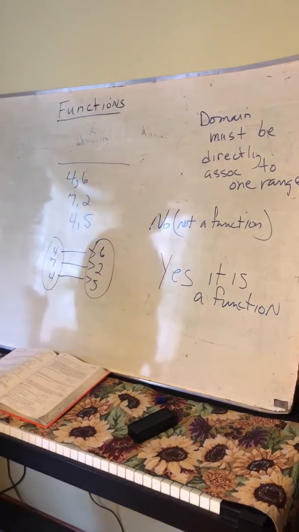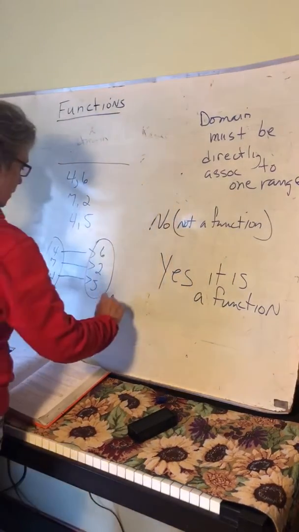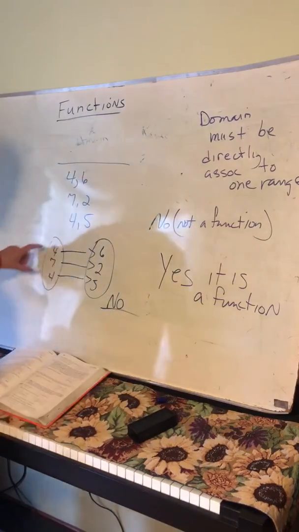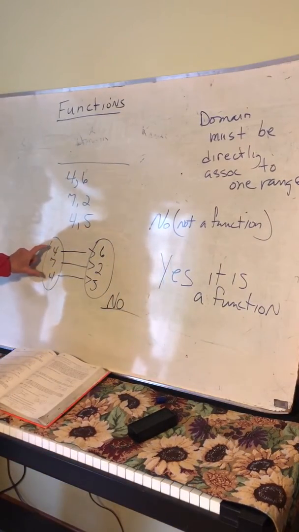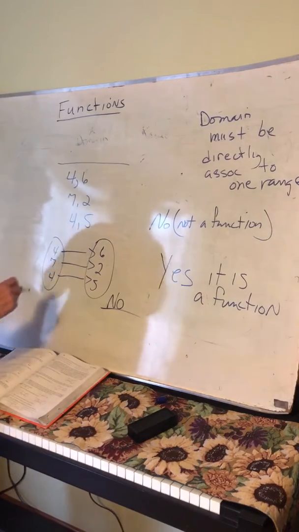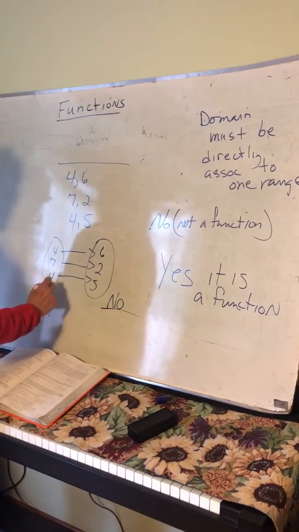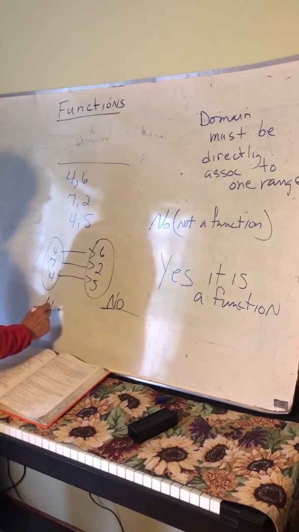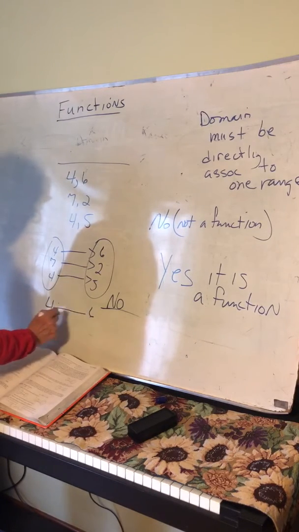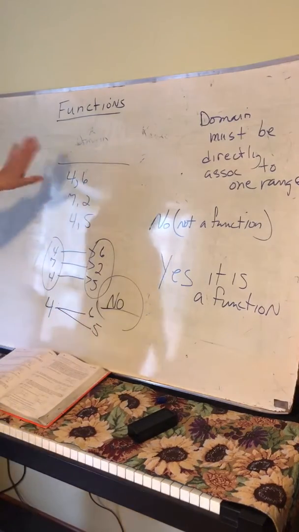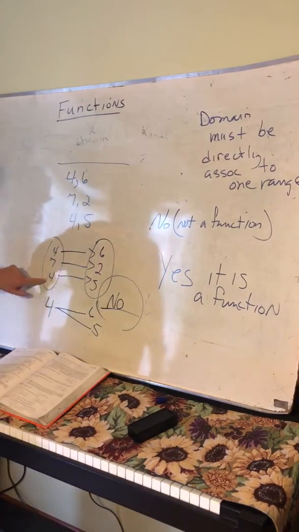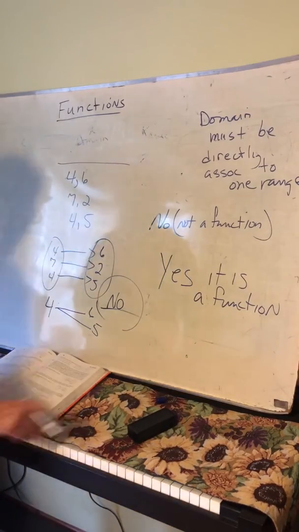So this is not a function. Then you have two of the same, so in other words, it's like this. 4 relates to 6 and to 5. It's like one of those other ones we just did. This is not a function. Okay, what about this one?